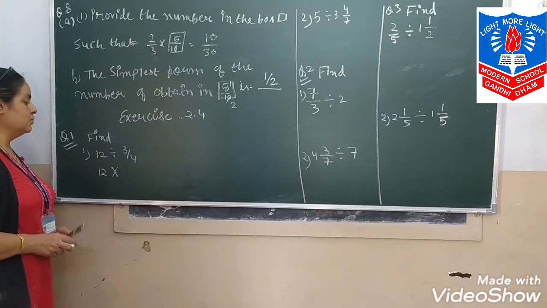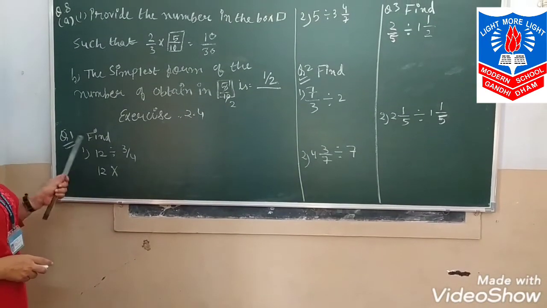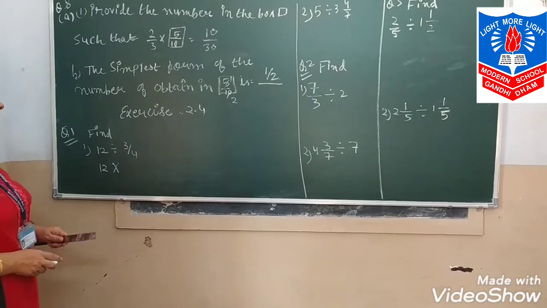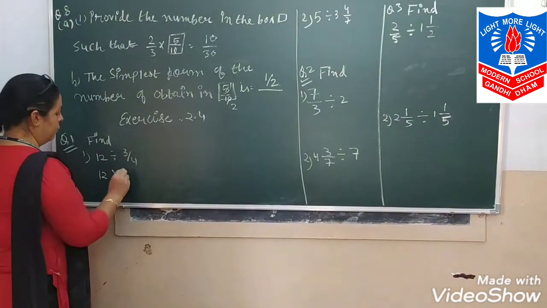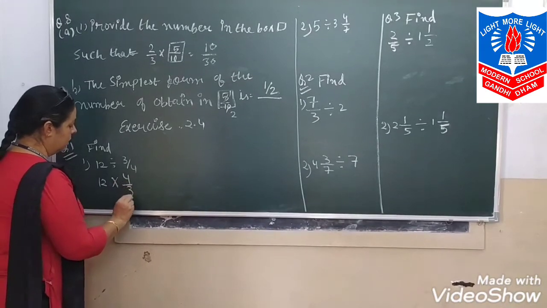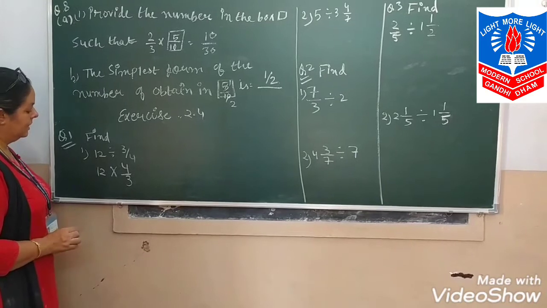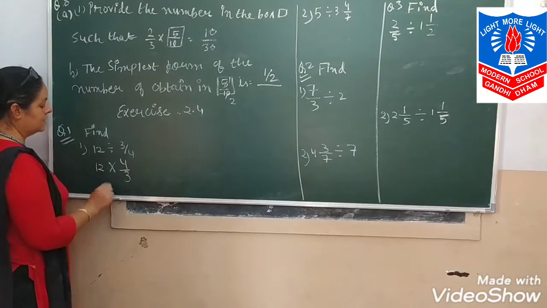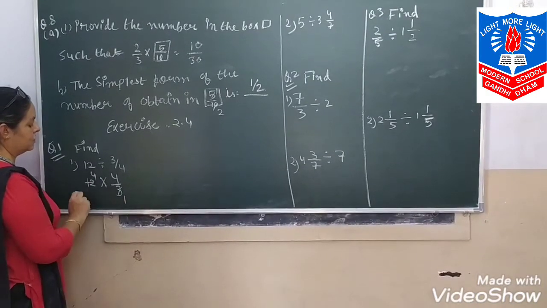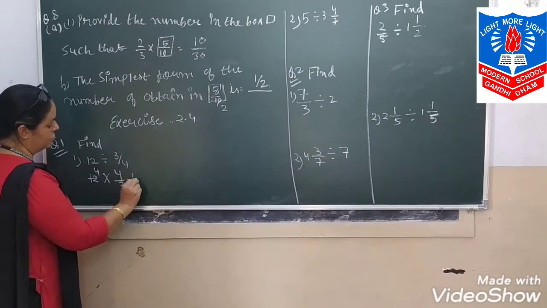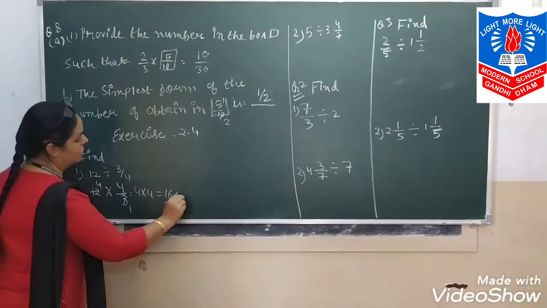Reciprocal means we write the denominator as numerator and numerator as denominator. It means reverse. So I write 4 upon 3. Then 3 and 12: 3 comes 4 times in 12, so 3 ones are 3, 3 fours are 12. So 4 into 4 is equal to 16. That is your answer.